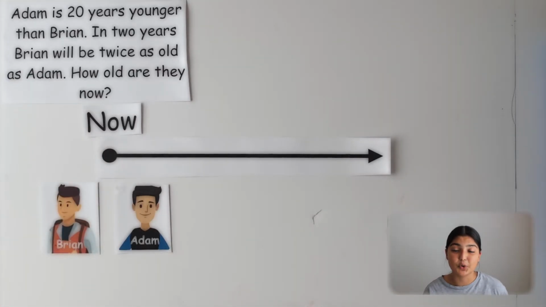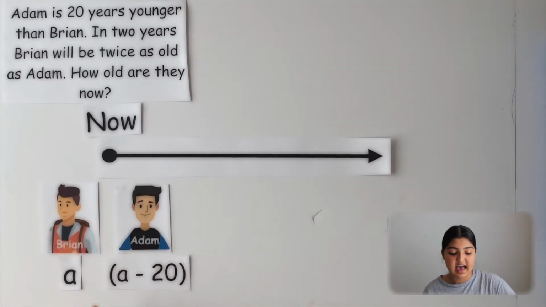Since we are not told Brian and Adam's ages, we can assume them by using a variable. So, let's assume Brian's age as A. And since we're told that Adam is 20 years younger than Brian, we can assume Adam's age as A minus 20.